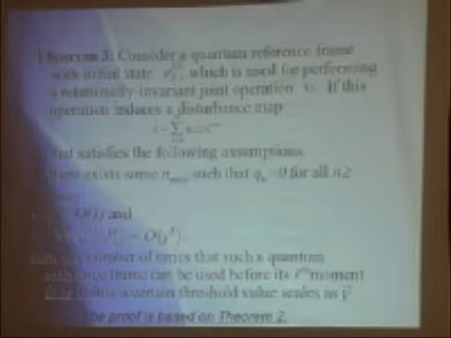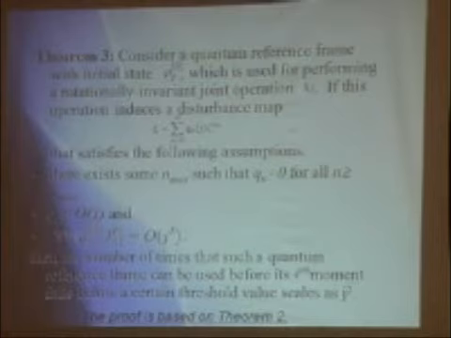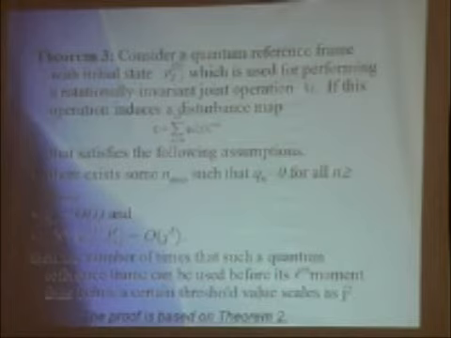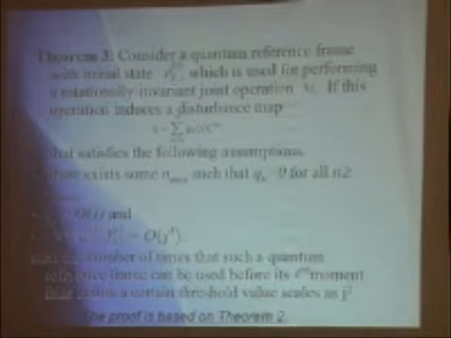So what I'm saying is that states must have some support on the j states. With those conditions, you can observe a longevity that scales as j squared. And the proof is based on the previous theorem that I gave.